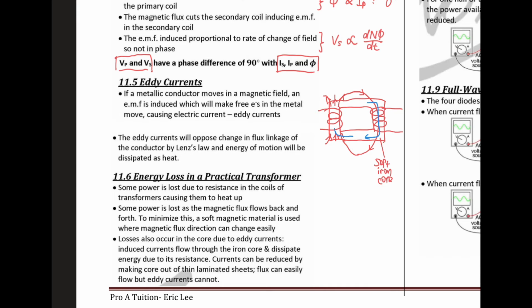So if you are wondering whether the current can go into the secondary coil or not, actually it cannot. The current in the soft iron core can only move around here. They cannot go into the primary coil or the secondary coil because the wire is covered with insulator, covered with rubber, for example.